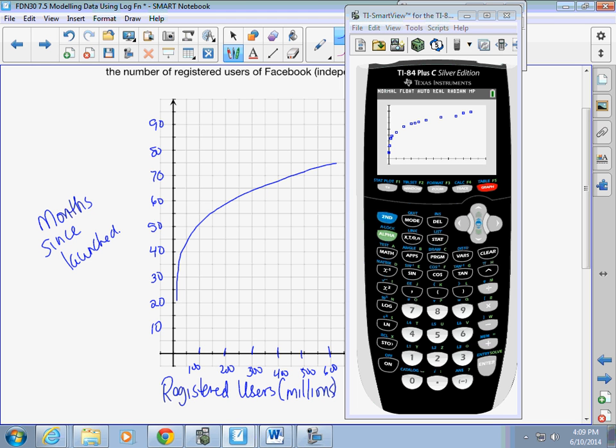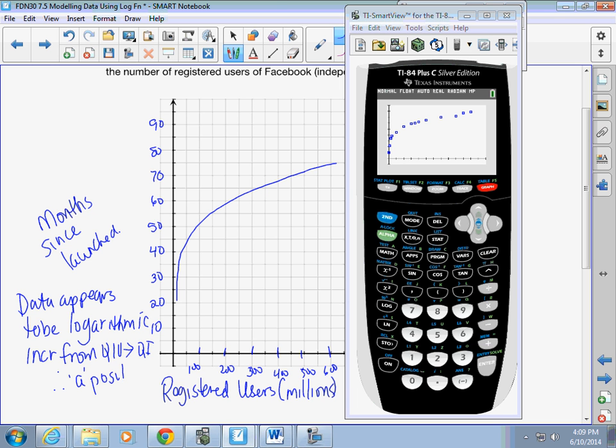So the data here appears to be logarithmic, just from its shape, and it is increasing from quadrant 4 to quadrant 1. Therefore, we would assume A is positive.